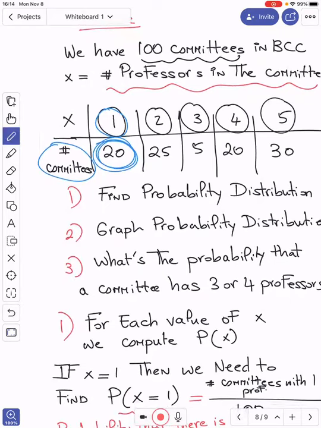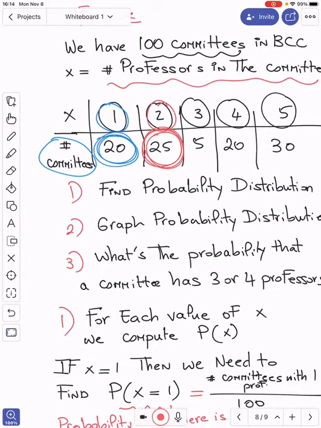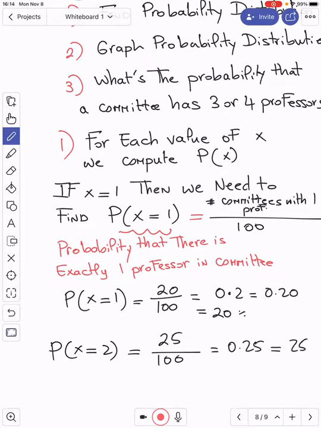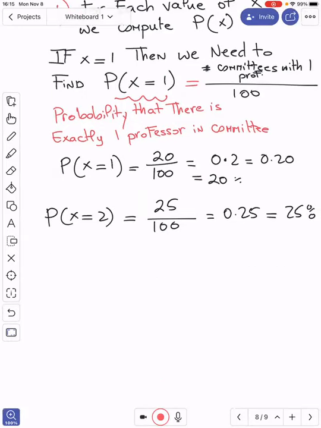In this example, we have 25 committees with exactly two professors. So that's 25 over 100, that's 1/4, so that's 0.25, and that's 25%, etc.